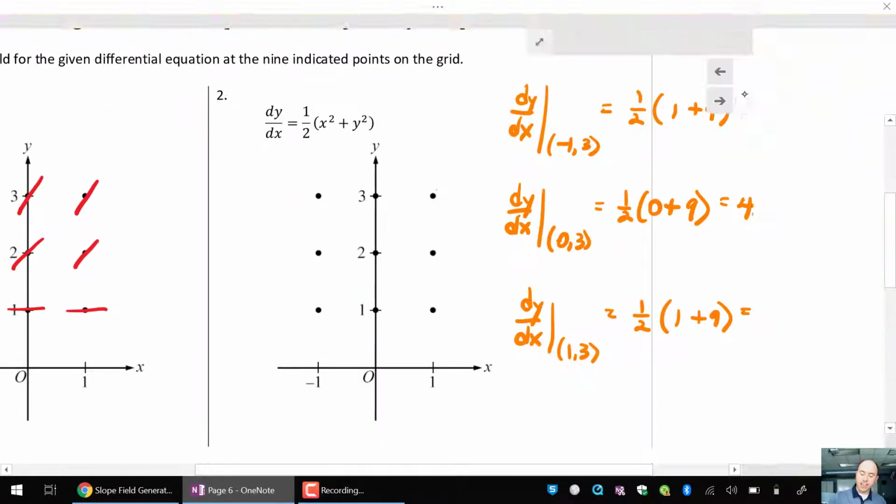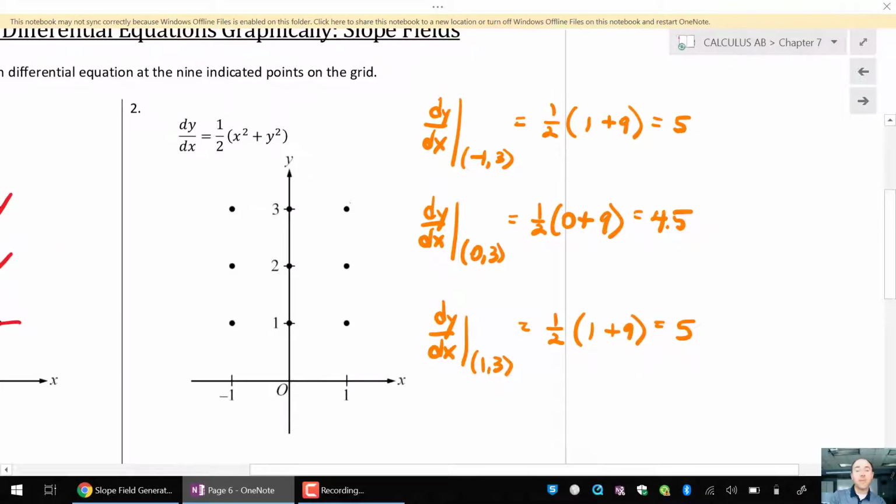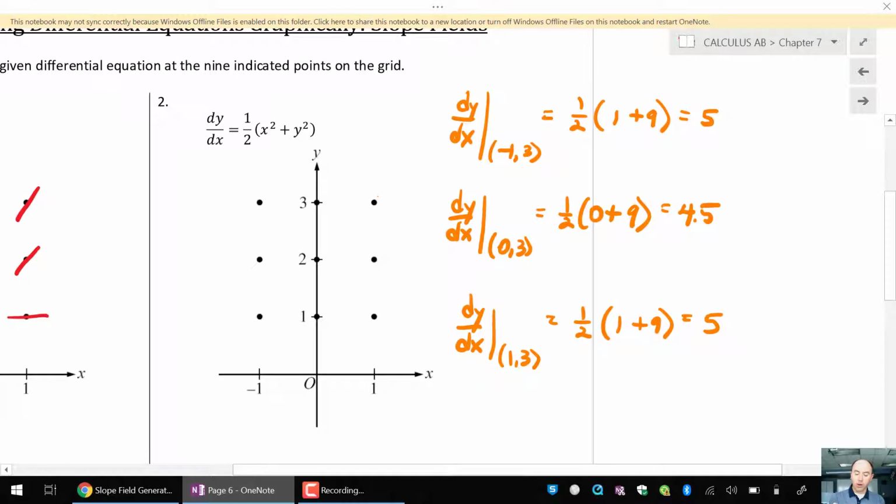And let's take a look at this next slope field. I'll have 1/2 times 1 plus 9, which is simply 5. So a pretty steep slope at the ordered pair -1, 3. And it should be, we're not going to really be looking at, is it a perfect slope of 5, or does your line look more like a slope of 3, and so that you would maybe lose accuracy points or something like that. That is not the case. Essentially, we're just looking to map out these slope tick marks.